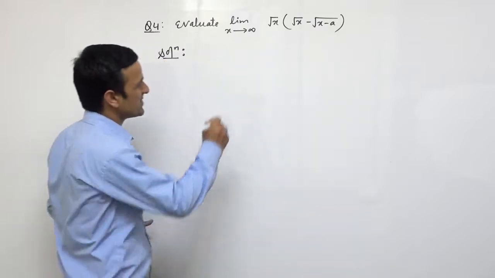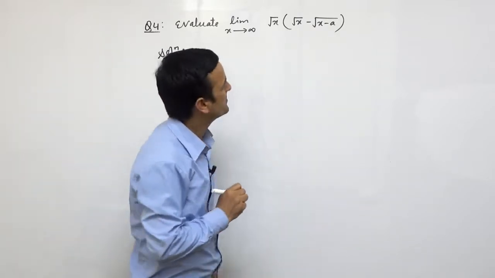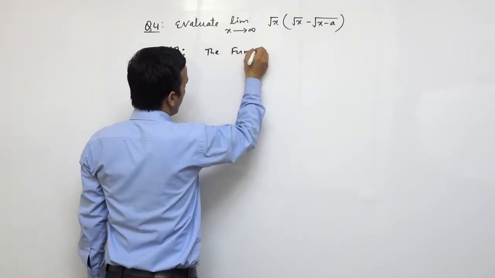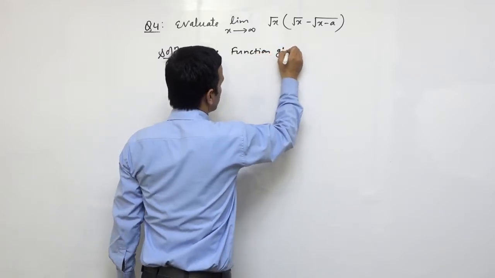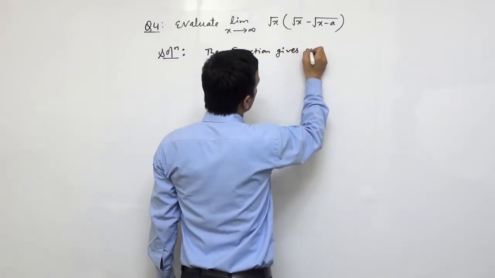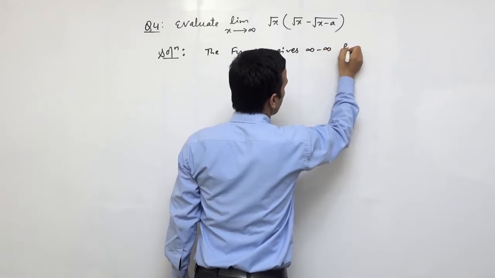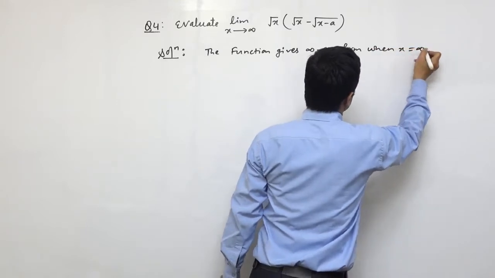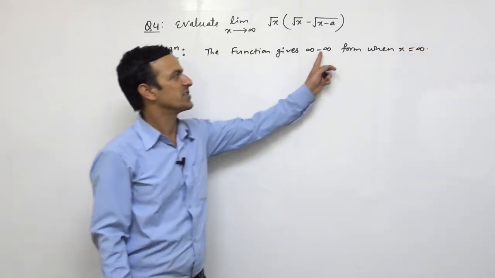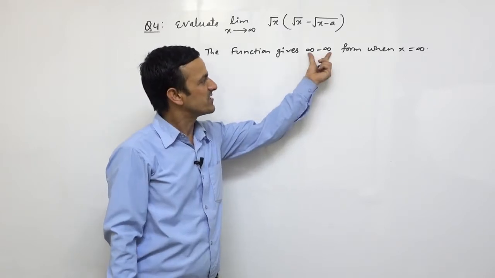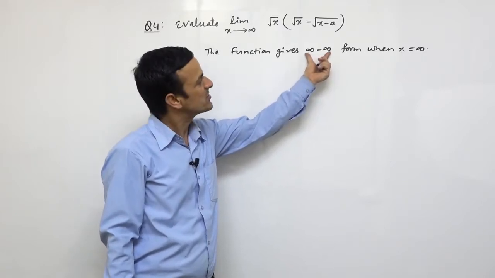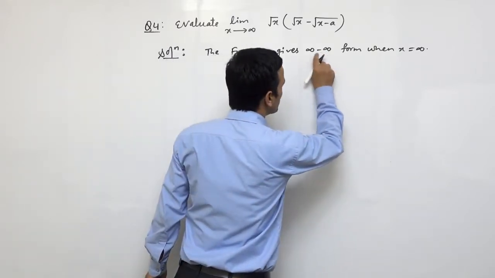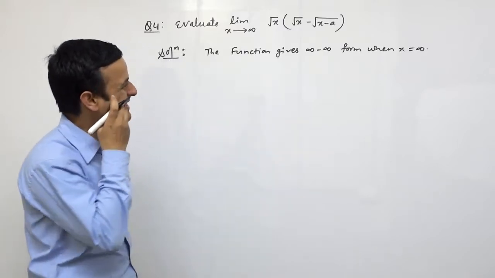So the function gives infinity minus infinity form when x is equal to infinity. So this is an indeterminate form, which does not give any solution.